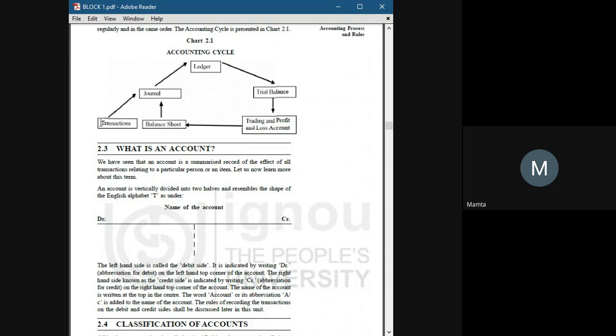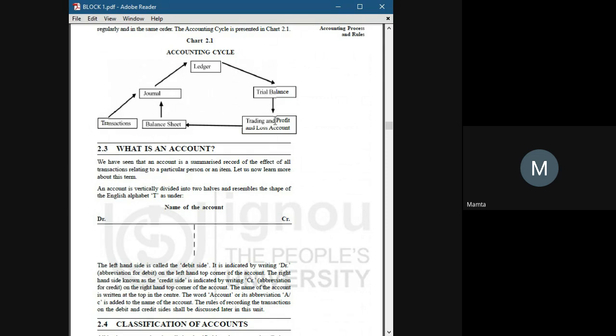First, a transaction took place. Then, we record it in our journals. Then, we transfer it in ledgers. From ledgers, we create trial balance.